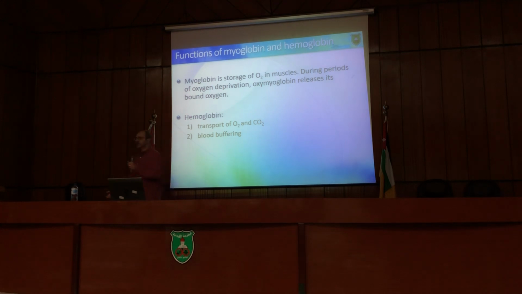Exhale oxygen as carbon dioxide. And the other function is blood buffering. We talked about it before. Since there are a lot of hemoglobin molecules in our blood, and hemoglobin has these amino acids with R chains that can bind to protons and release protons, they can play a very important role in blood buffering. So these are the different functions of hemoglobin.